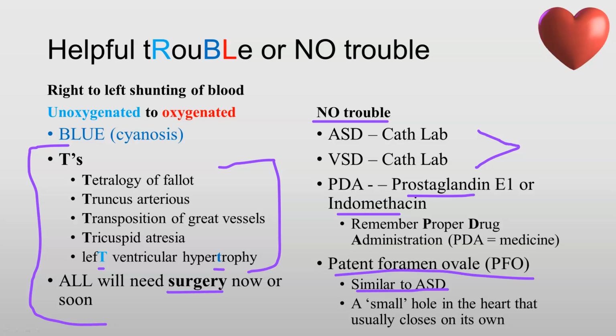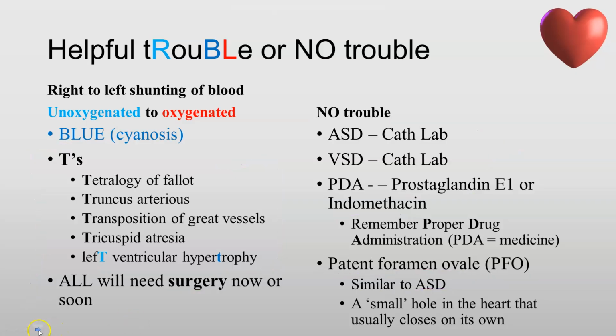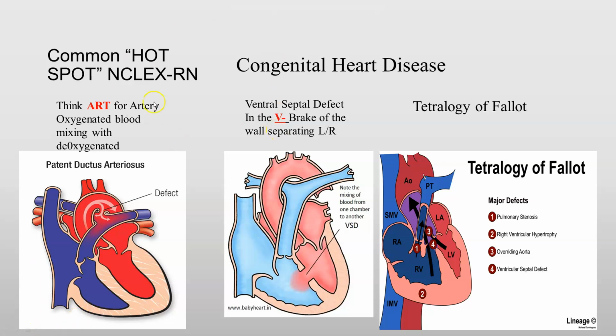And then the patent foramen ovale will usually be like our VSD, and it will try to close on its own. Again, we kind of see the different defects, and here we see our PDA, we see VSD, and we see tetralogy of Fallot.